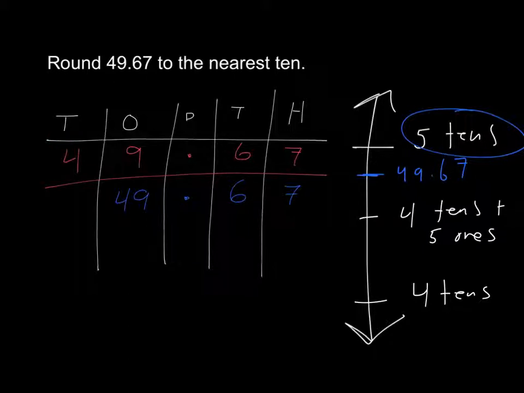We know it's not going to be less than that. We go one more, which is 5 tens, and in the middle we have 4 tens and 5 ones, and we know that 49 and 67 hundredths is greater than 4 tens and 5 ones, so it rounds to 5 tens.